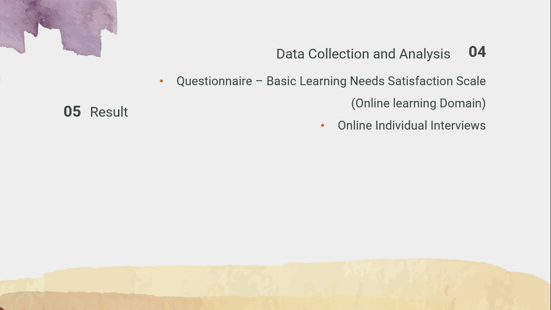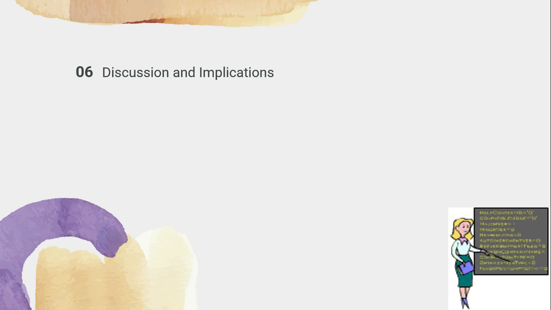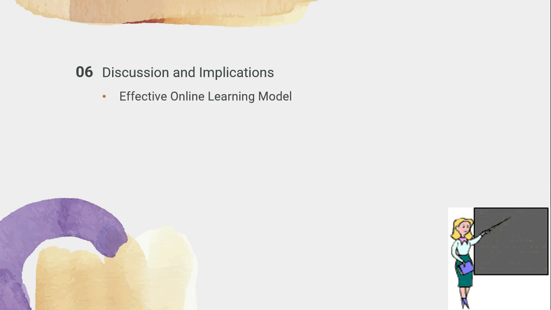the results related to this article, which consist of autonomy, competence, relatedness, arousal, and relationship among components of basic learning needs. And then the sixthly is about discussion and implication.